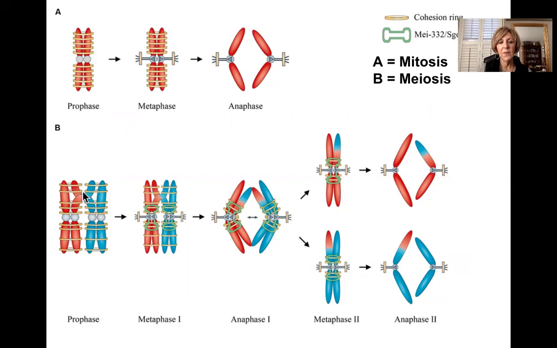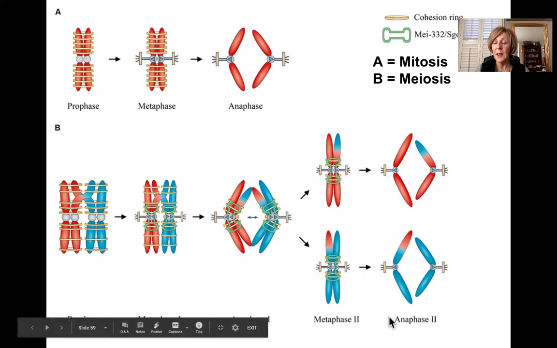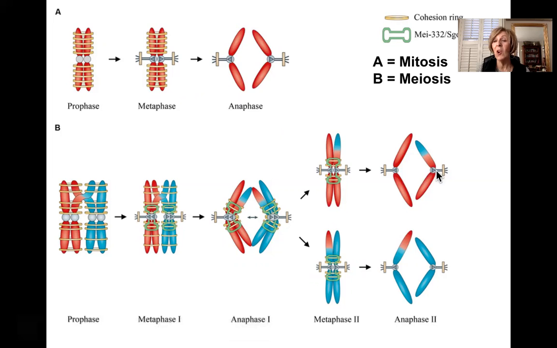There's my chiasmata right there, the X. I have crossing over occurring, but my cohesins are still holding my sister chromatids together in anaphase 1. But in metaphase 2 and anaphase 2, those cohesins break down, and the centromere actually now comes apart, and I have 1 chromosome, 2 chromosomes. All right.